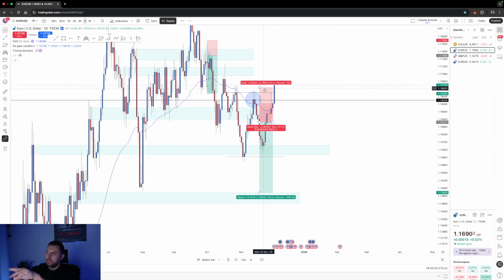And the stop loss was huge, 92 pips. So I wouldn't have taken this trade if I was waiting for the 4 hour.